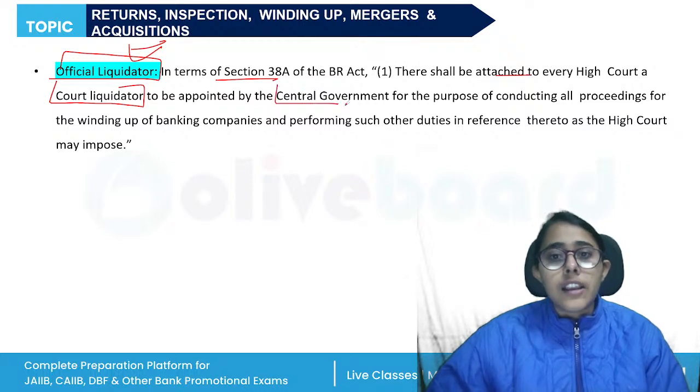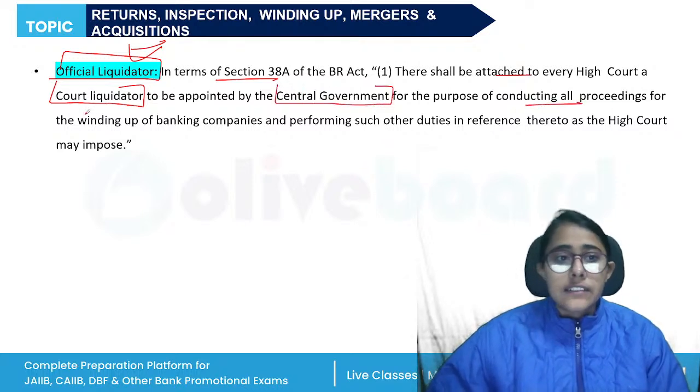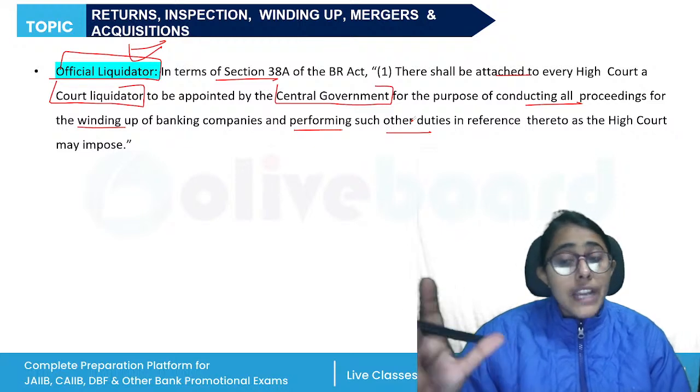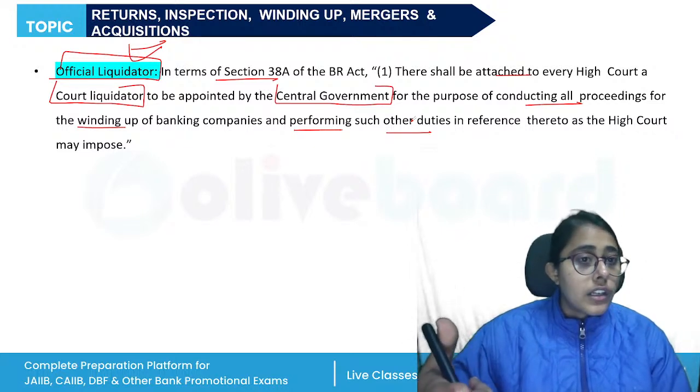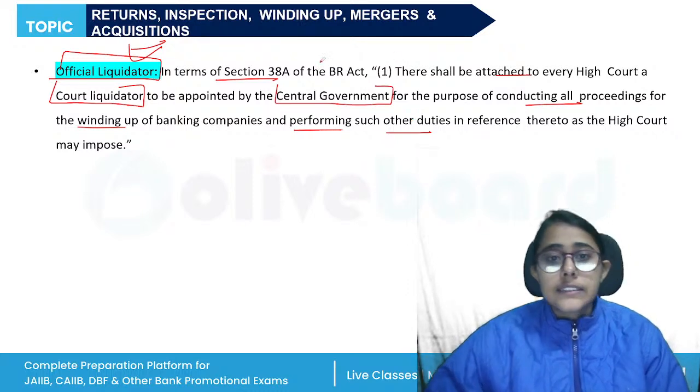By the central government, for the purpose of conducting all the proceedings for the winding up of the banking companies and performing such other duties. So, two things. First, every High Court shall have an official liquidator, which will be known as the court liquidator, which will be appointed by the central government.